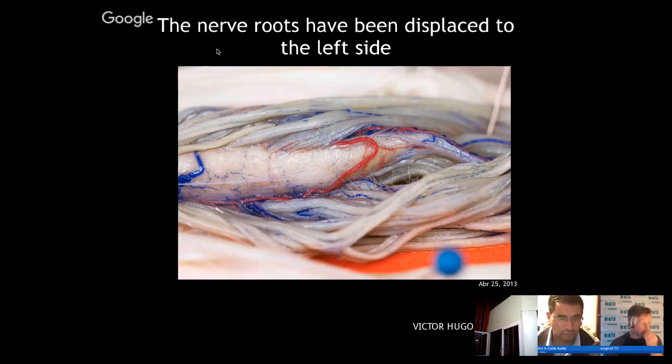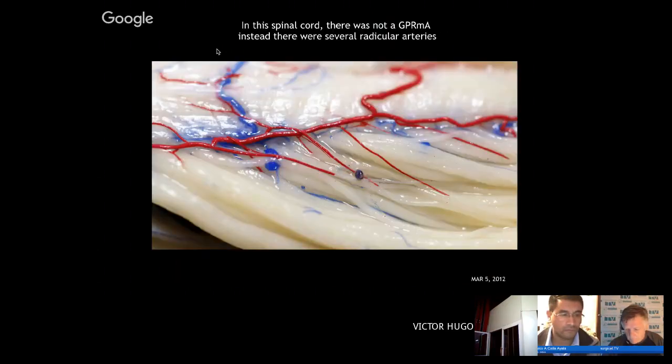A right view of the anastomotic arch. The nerve roots have been displaced to the left side, and we can see the lateral aspect of this beautiful anastomotic arch of the Adamkiewicz artery, giving rise to the posterior spinal artery. In this spinal cord, there was not a great posterior radiculomedullary artery.